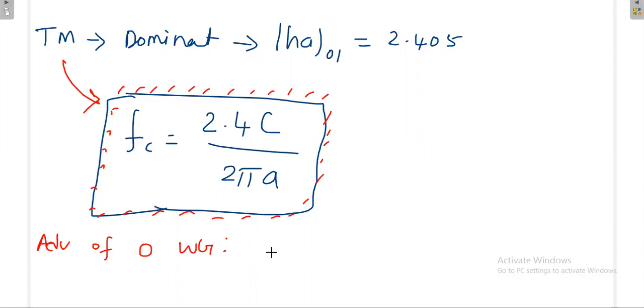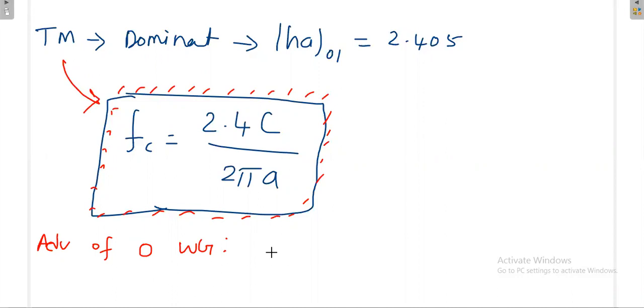See what happens in case of waveguide, when you keep on increasing the frequency, the attenuation will increase. But if you use circular waveguide at higher frequencies, you will have lesser attenuation as compared to the rectangular waveguide.